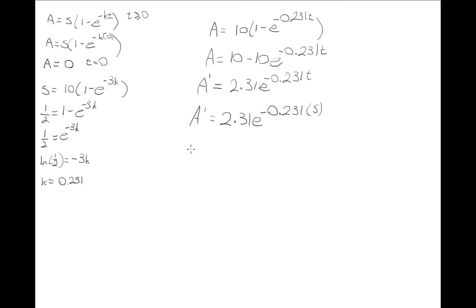And when we plug all these numbers in, we'll find that our rate of change when t is equal to 5 is going to be equal to 0.728, or roughly thereabouts. So you might come up with a slightly different answer because there is some rounding going on here.